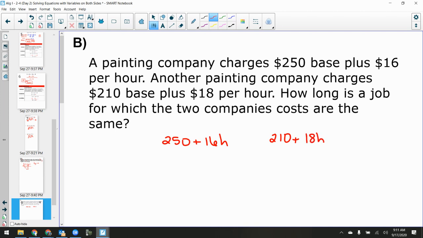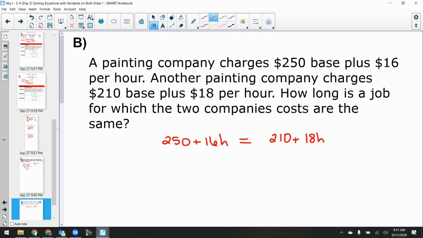But they charge a little bit more per hour. So notice how this place has a little bit less of a starting value, but they charge more per hour. This place has more of a starting value, but they charge less per hour. I want to know how long a job would be when they would be equal.